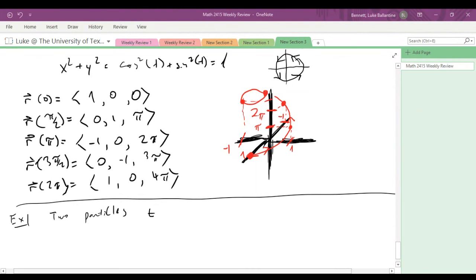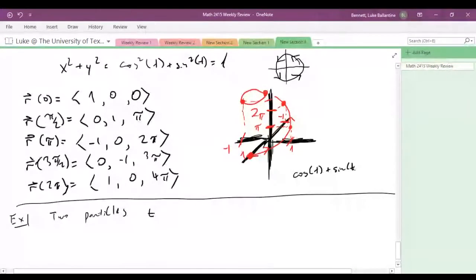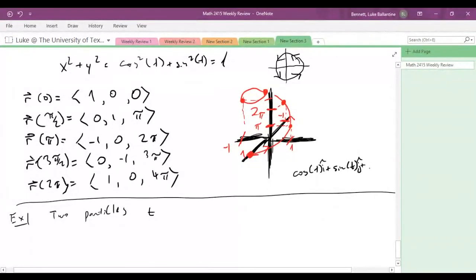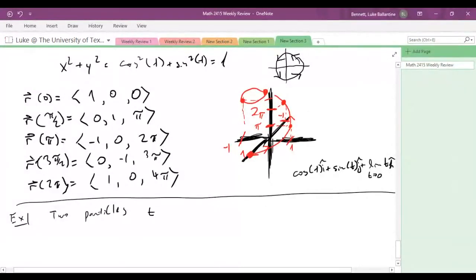You would. That's cool. If we had cosine t i plus sine t j, and then some limit expression, the limit as t approaches 0 of t, k. Well, then we would gain an infinitesimally small height every time. And so it would be circling around like this. But yeah, that's a cool idea.